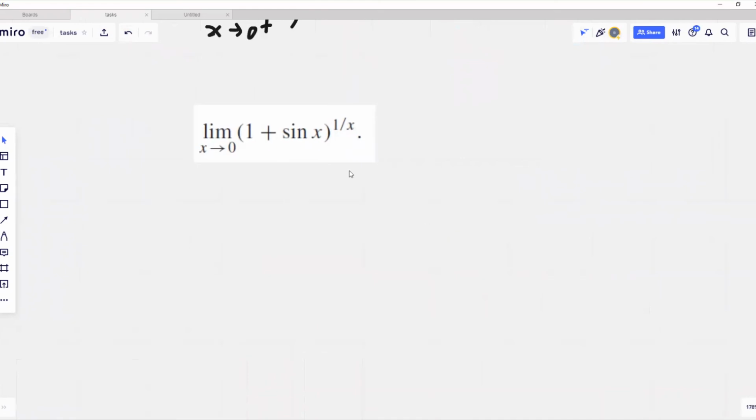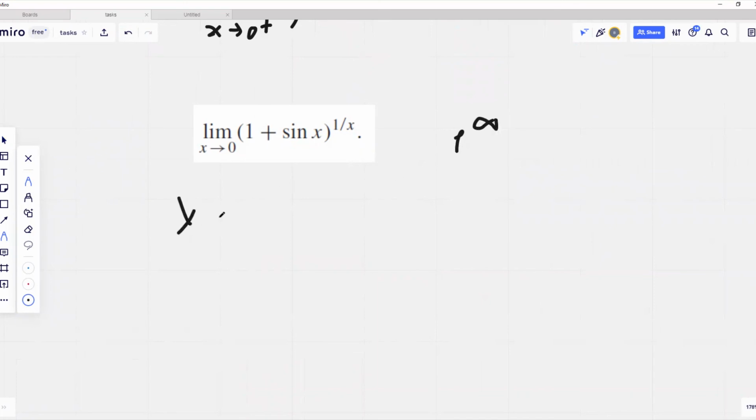Right, next limit here. So when x is approaching 0, that expression goes to 1, and this is to the power of infinity. So we have an indeterminate form of 1 to the power of infinity.